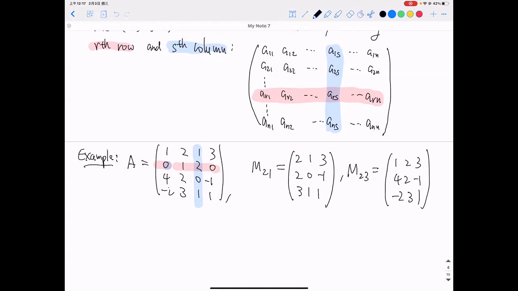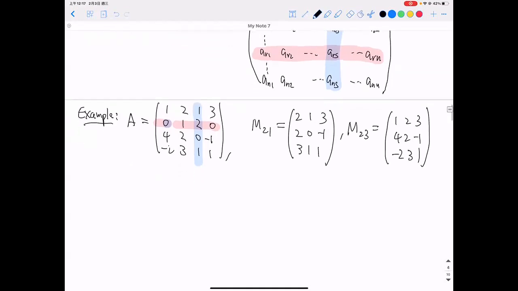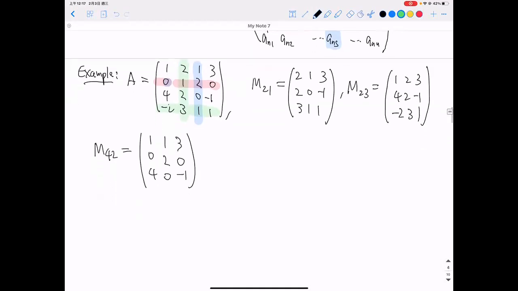Okay, and you get the idea. Let's try one more, M42. For M42, you want the fourth row out and the second column out. And now what's left is 1, 0, 4, 1, 2, 0, 3, 0, minus 1. Okay, things like that.